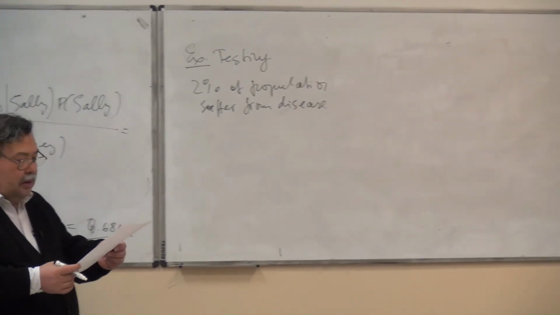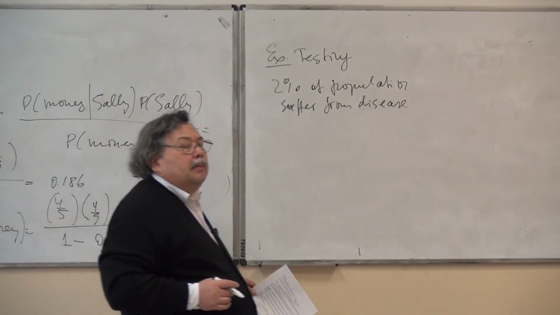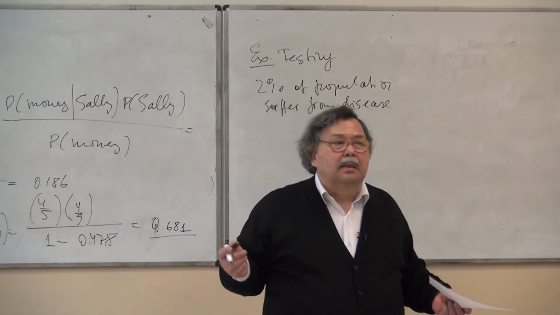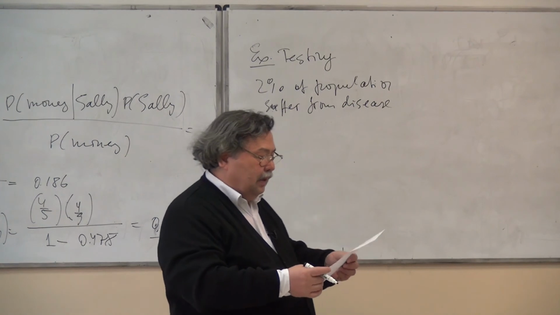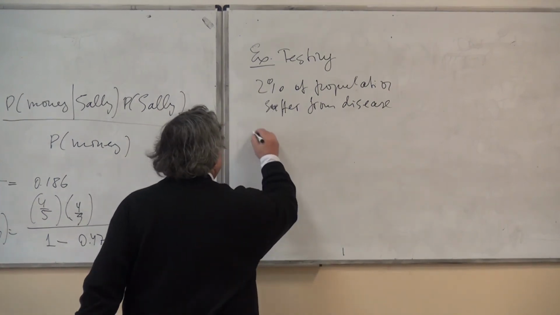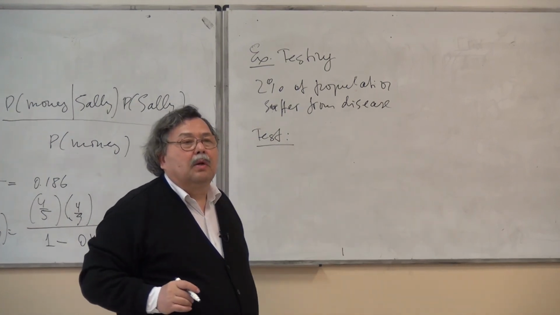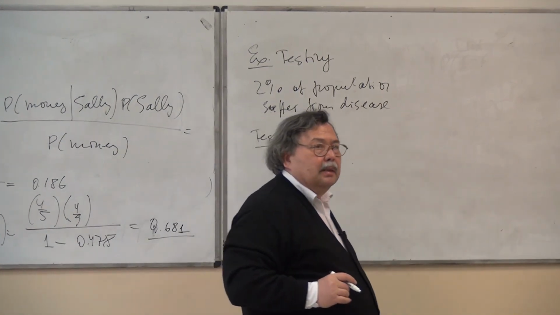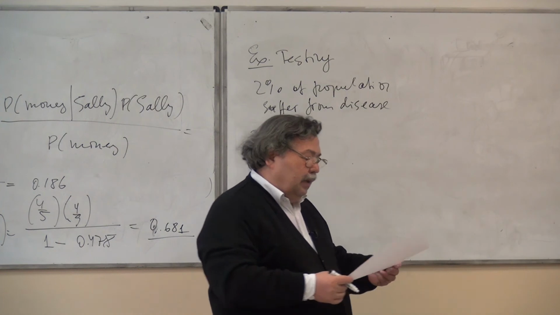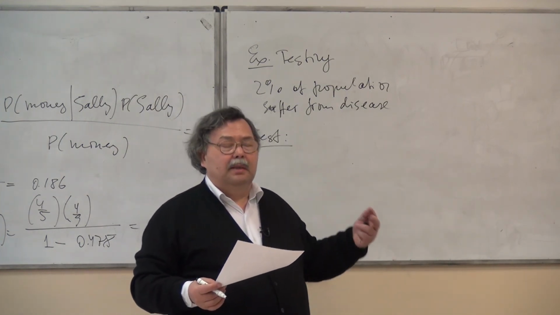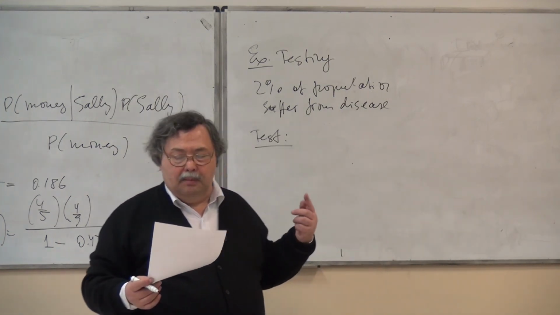Now, suppose the medical science has a test for detecting this disease. Test. Now, we need to know how reliable the test is, okay? And its degree of reliability is given by these two numbers.